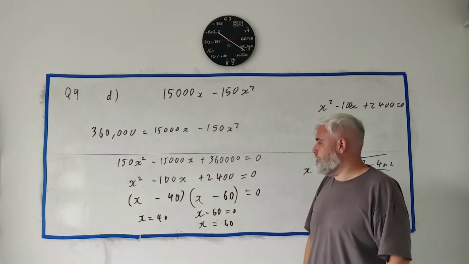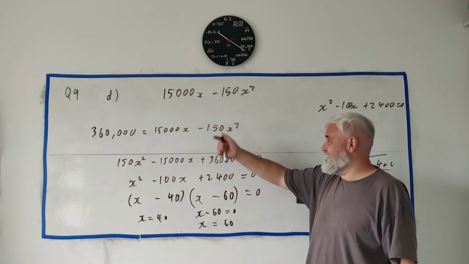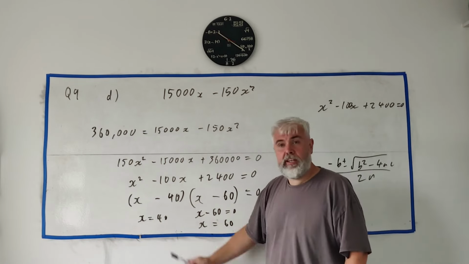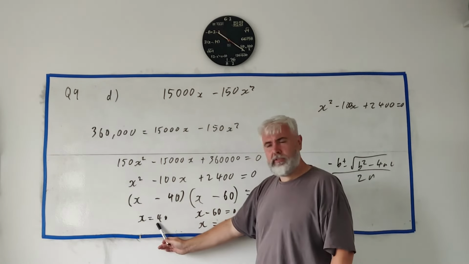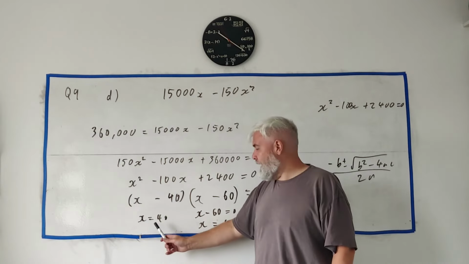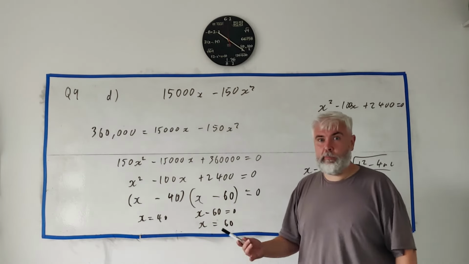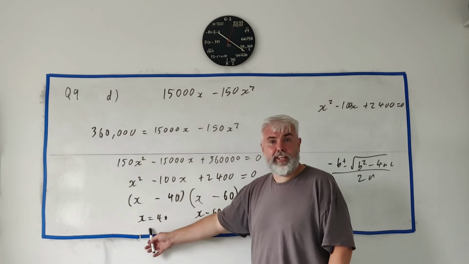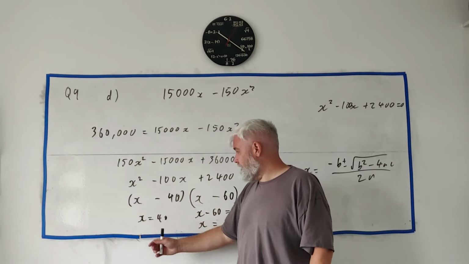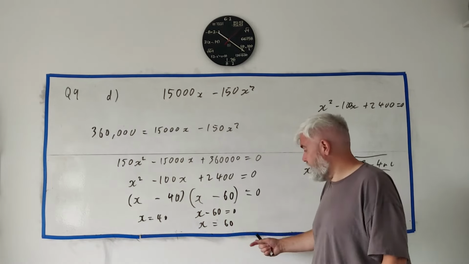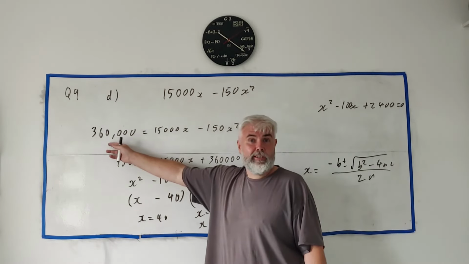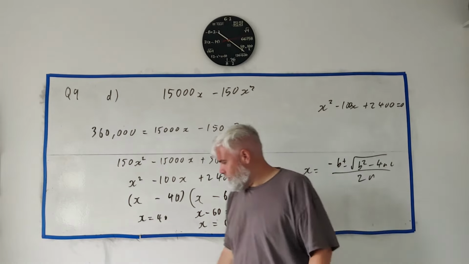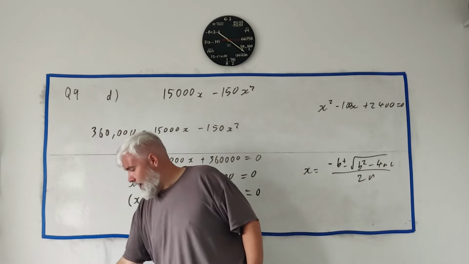Also you can think about if this was a venue or something, sure they make the same number either way, but maybe they get more people if they do this, and then maybe more people will spend more money on merchandise and food and drink and stuff like that. So the venue might do 40 instead of 60, even though they expect the same amount either way. Anyway, that's all of part of question 8.